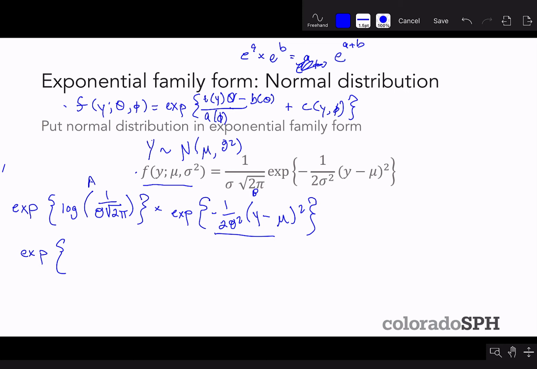So that's going to be y minus mu squared over negative 2 sigma squared, plus log 1 over sigma square root 2 pi.